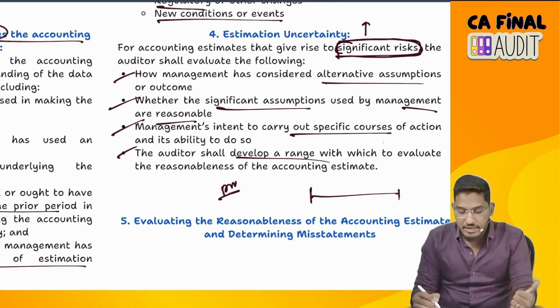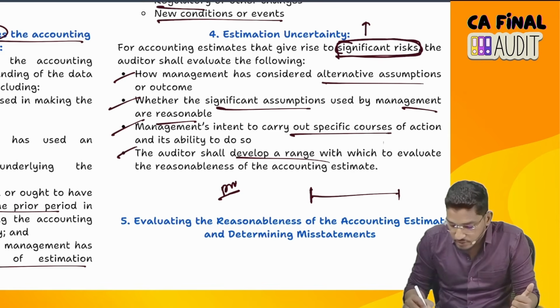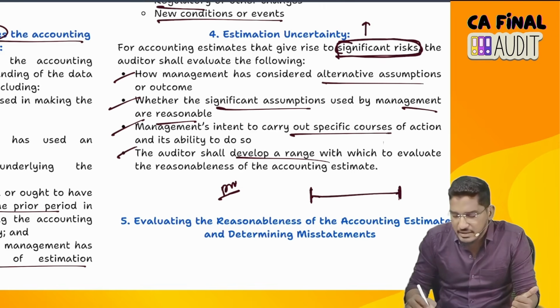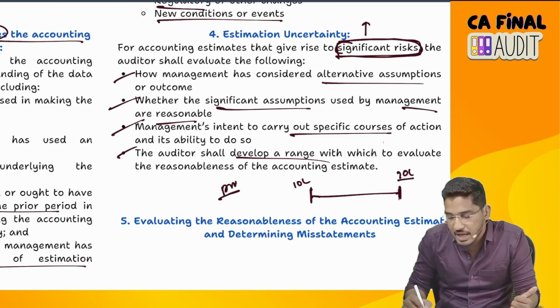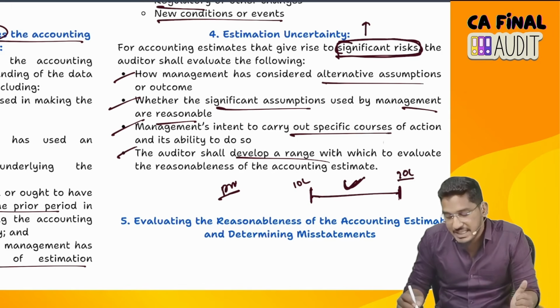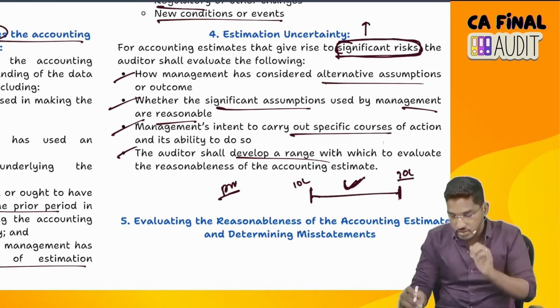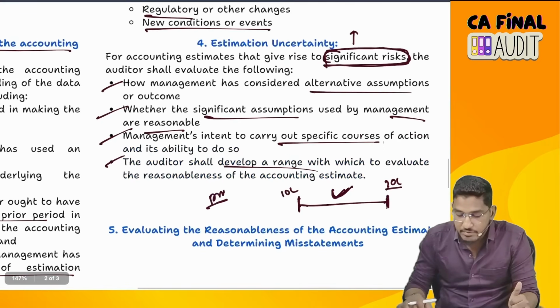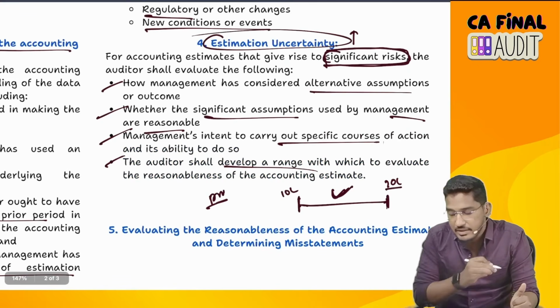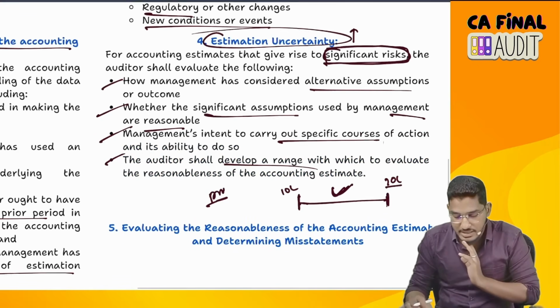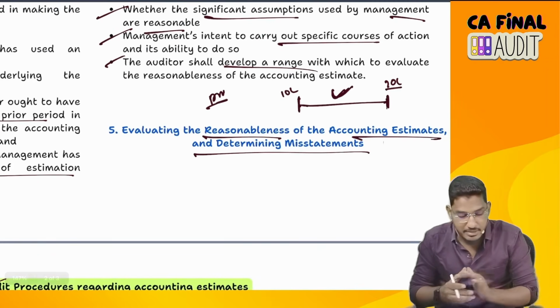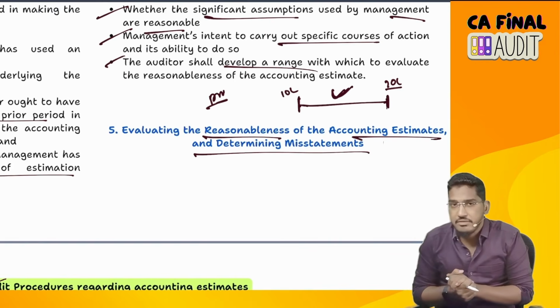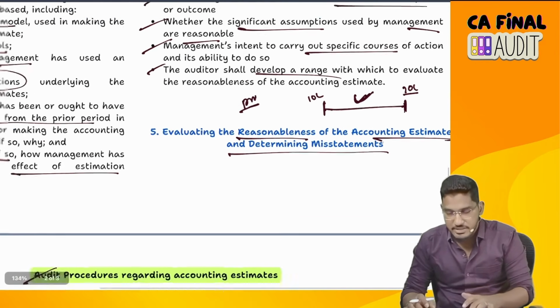After considering all the factors, he decides that the provision could be somewhere around 10 lakh to 20 lakh rupees. Now he will see whether the actual provision is falling within that range or not. So wherever estimation uncertainty is high, there you need to specifically do these steps. And finally, you have to evaluate the reasonableness of the accounting estimates and determine whether they contain any misstatements.